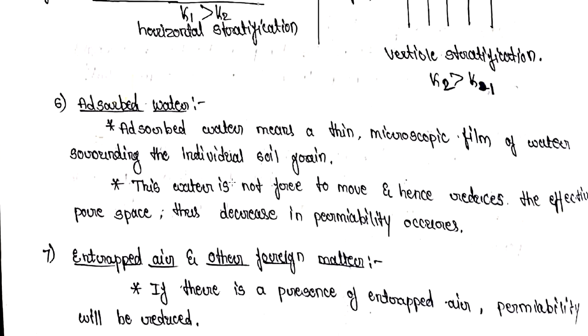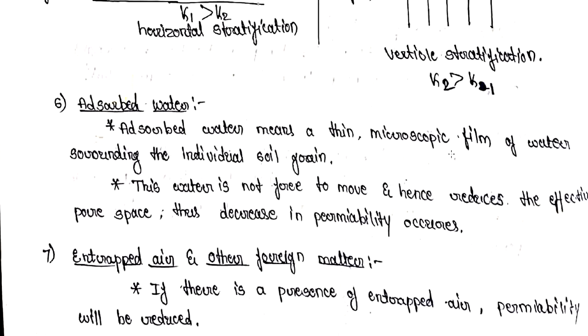Next, absorbed water. If more water is absorbed by the soil, the water will form a thin film on the surface of the soil particles, due to surface tension. This water film is not free to move, hence it reduces the pore space.